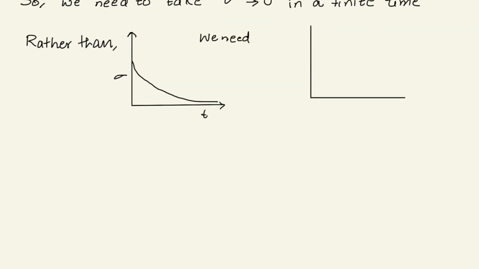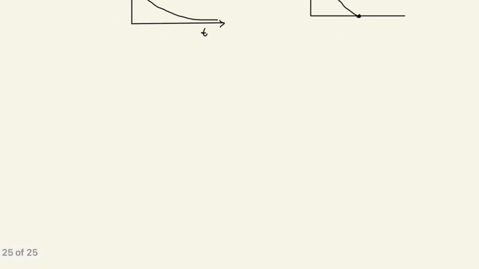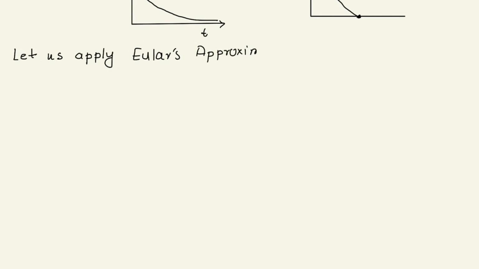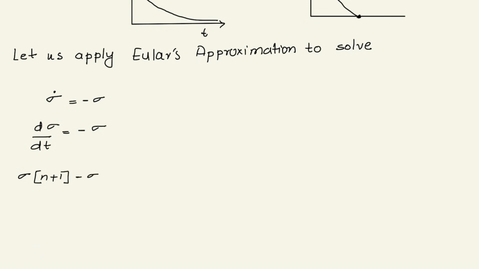Let us take a look at what happens in sigma dot equal to minus sigma. If we apply Euler's formula in this to solve the differential equation, we get sigma of n plus 1 minus sigma of n equal to minus delta t times sigma of n.